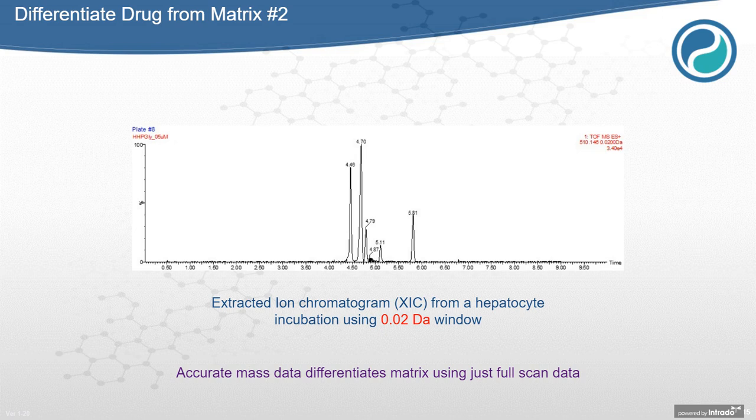For your information, the 4 metabolites on the left are from the cyclohexyl moiety, and the one on the right is actually from the 2-carbon linker in the middle of the molecule. So the point here I'm making is that accurate mass data allows you to differentiate matrix ions from the ion of interest, drug-related components, just based on the mass of the ion. Next slide, please.